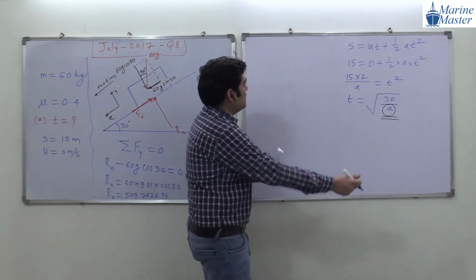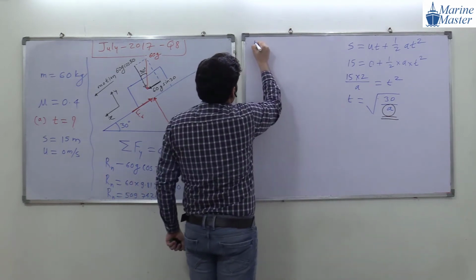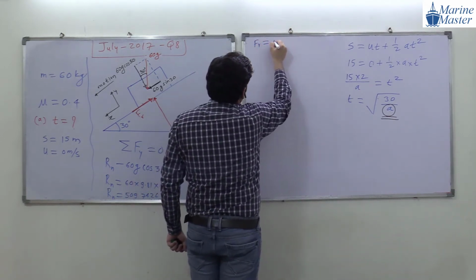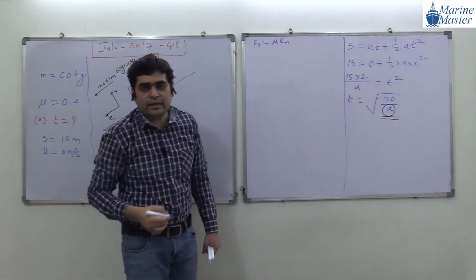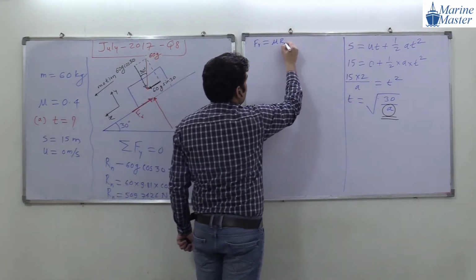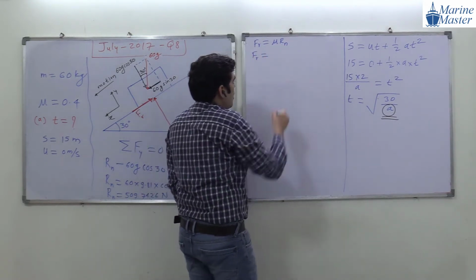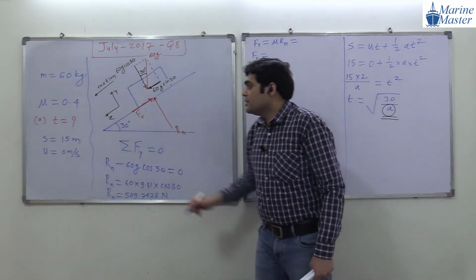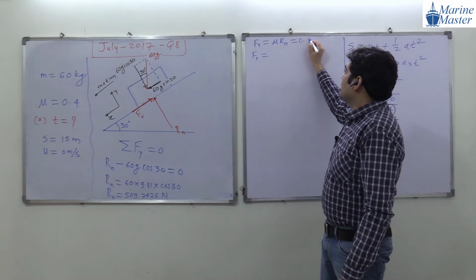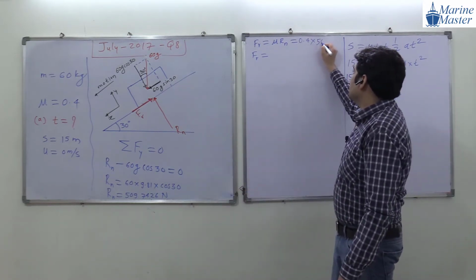Then friction force, guys: here the object is in motion, so friction force Fr will be equal to mu Rn. See, n must be in suffix, guys, everyone. So how much is the value of mu? They have given 0.4, into Rn. Just now we calculated 509.7426. Check it, guys.